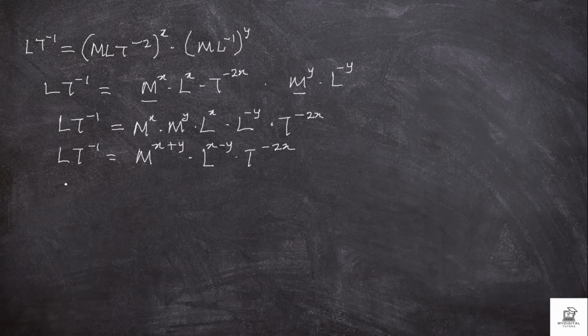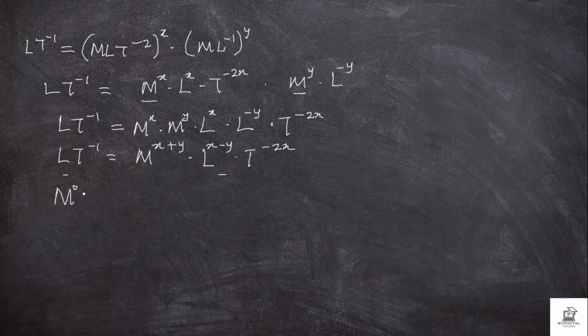Now, looking at the two sides, we have LT here, but we have MLT there. So we are going to use law of indices to bring M to this side so that we can have equal parameters on both sides. So here I can say M raised to power 0, knowing really well that anything raised to power 0 is equal to 1. So it's as if I did not do anything here.